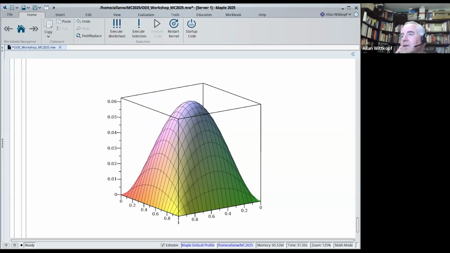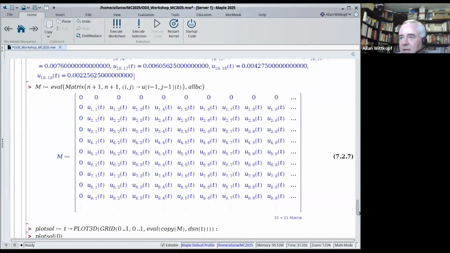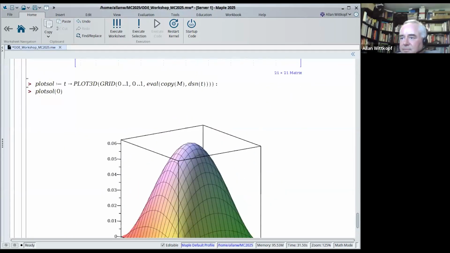So for a 20 by 20 by 20 problem, you're going to have 20 cubed equations to deal with. So this can be expensive, but the very last thing I'm going to cover is going to give a couple of hints on how to do this even better. Okay. But this is just the direct approach for this.